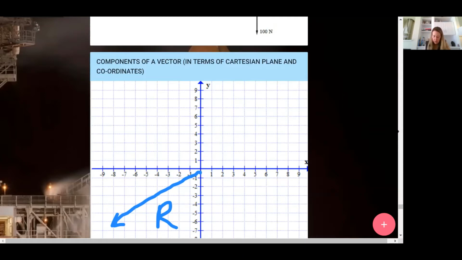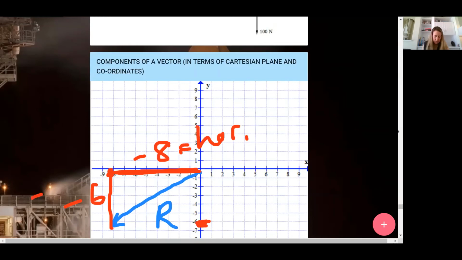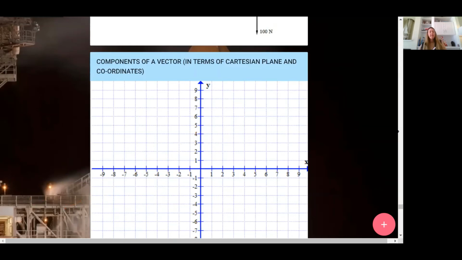Well, all you have to do is take the x distance to that point and then take the y distance from the origin to that point, and we say, well, this is going to be -8, and this distance down from the x-axis down to this point is -6. So the horizontal component of r is -8, and the vertical component of r is -6. This is how we do horizontal and vertical components.